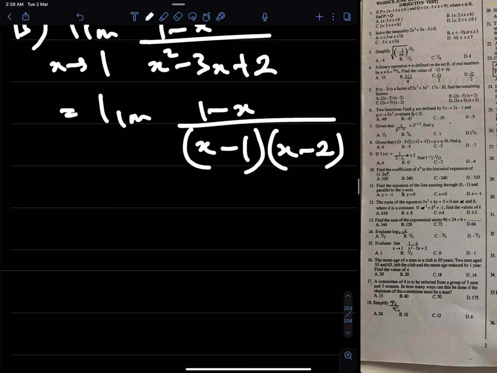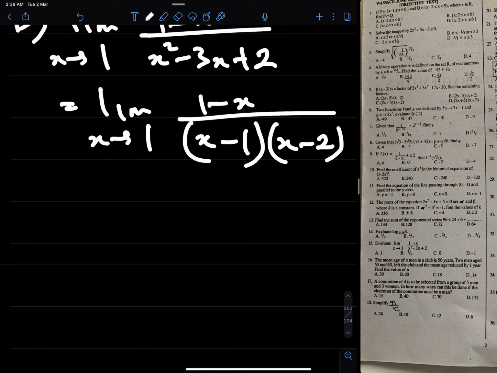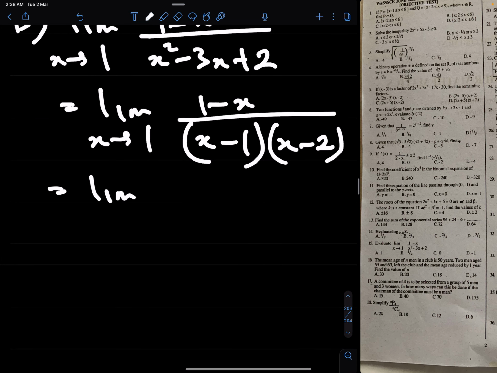So that means limit of 1 minus x all over x minus 1 times x minus 2 as x tends to 1, which means limit of 1 minus x over, of course, 1 minus x is the same as minus into bracket x minus 1. Of course, 1 minus x is the same as minus into bracket minus 1 plus x, which is the same as x minus 1.